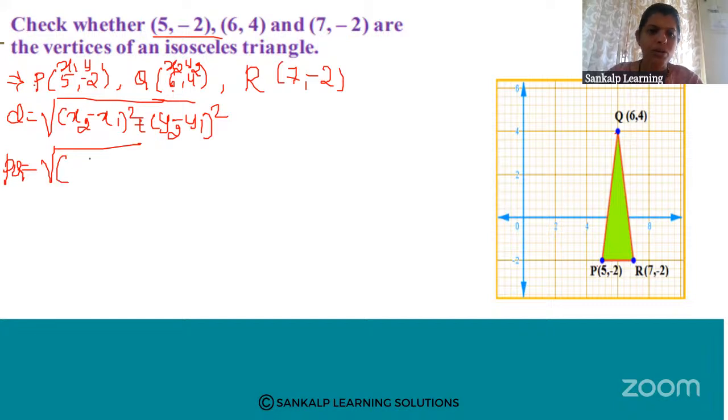Now, what is the value of x2? x2 is 6 here and x1 is 5 whole square, plus y2 value is 4 and y1 value is minus 2 here. Yes.